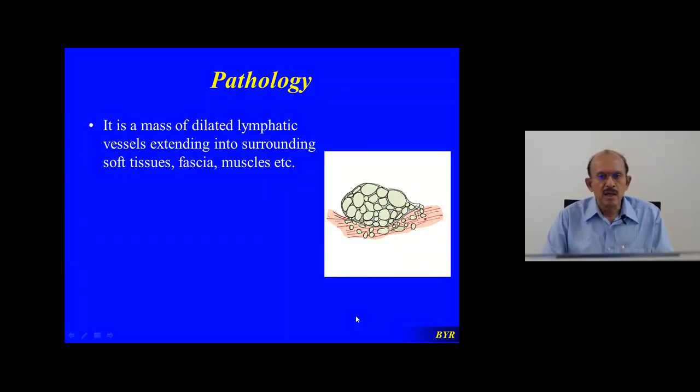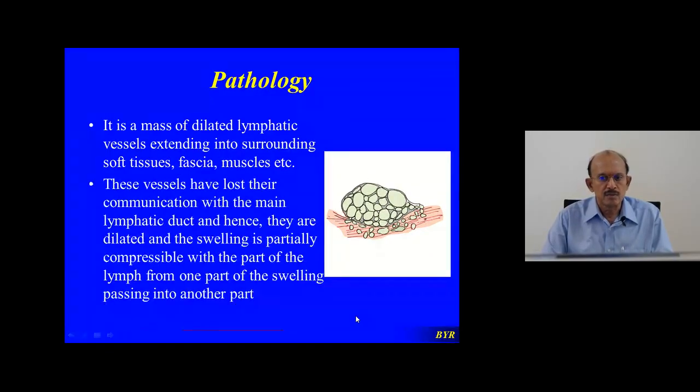Pathology: it is a mass of dilated lymphatic vessels extending into surrounding soft tissues, fascia, and muscles. These vessels have lost their communication with the main lymphatic duct and hence they are dilated, and the swelling is partially compressible, with part of the lymph from one part of the swelling passing into another part.